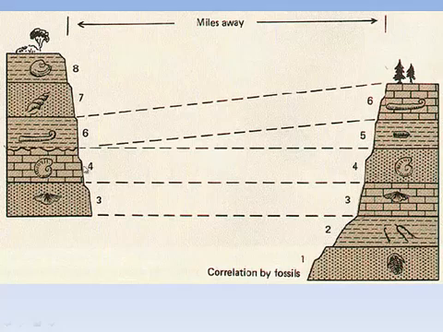So this rock would be essentially the same age as this rock, and this rock would be essentially the same age as that rock. Even though they're not the same types of rocks, they contain the same fossils, and we know the animals that made the fossils only lived for a certain length of time, so we know those rocks are the same age.